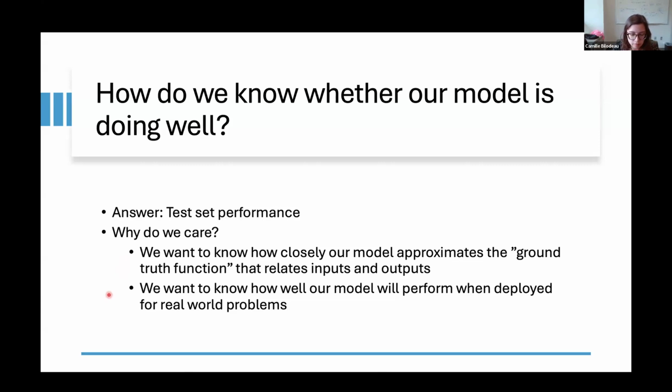And so when we ask how well our model will perform when deployed for real world problems, in stating this, we're maybe saying that we know our model doesn't necessarily work perfectly under all circumstances. We maybe know our model doesn't necessarily know this ground truth function.